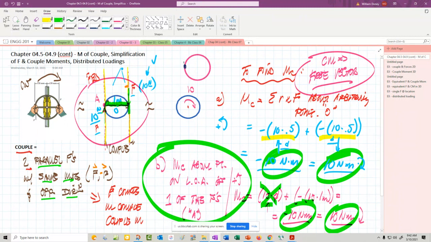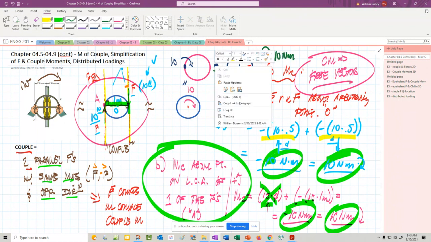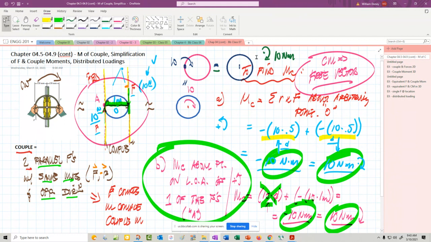I could draw a couple moment right here of 10, and those are equivalent. I could even have it here, right? There's the center, and I draw the couple moment out here in space as 10 Newton meters. These are all equivalent systems right there.